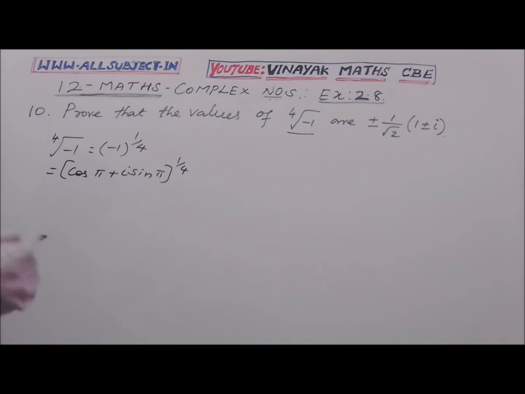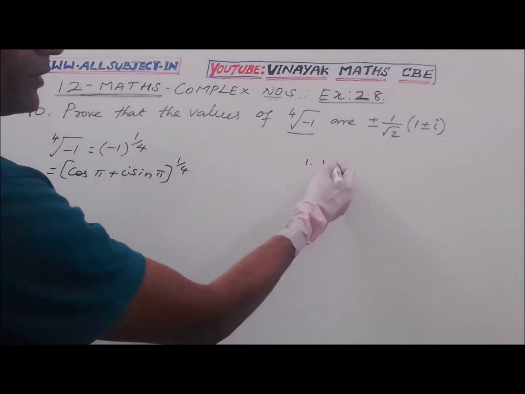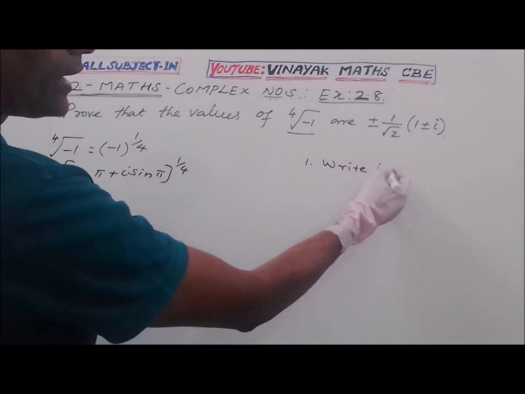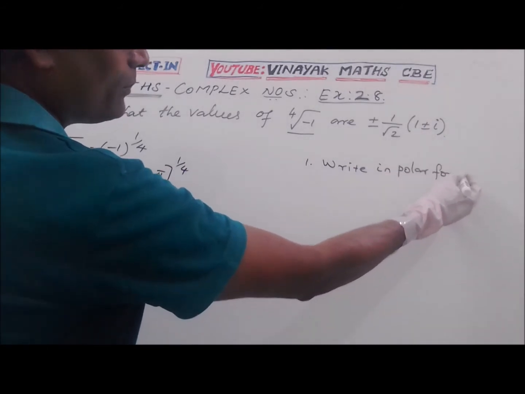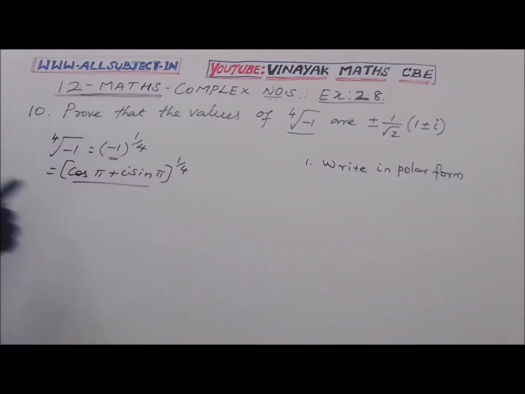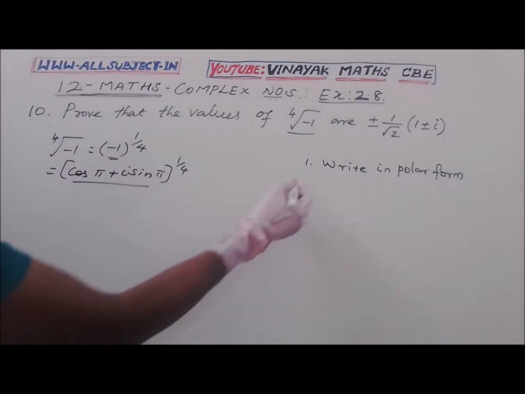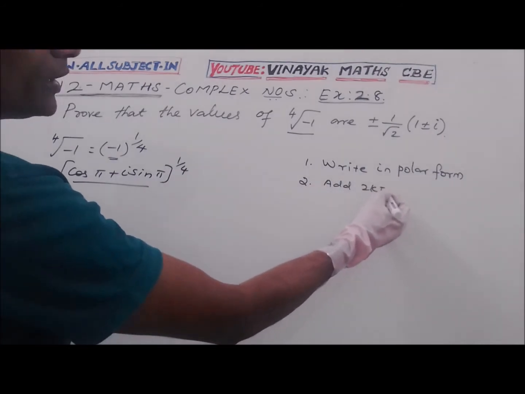To find these types of solutions, the nth roots of unity, we have some steps. First, write the given complex number in polar form. So minus 1 is the complex number, and we have written it in the polar form cos pi plus i sin pi.